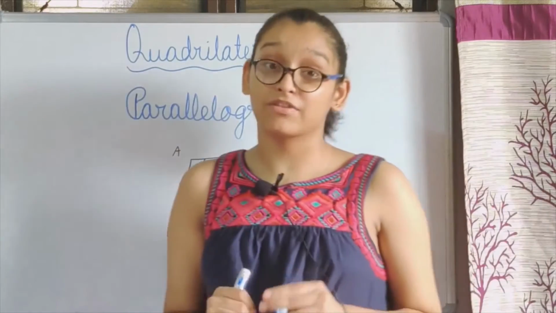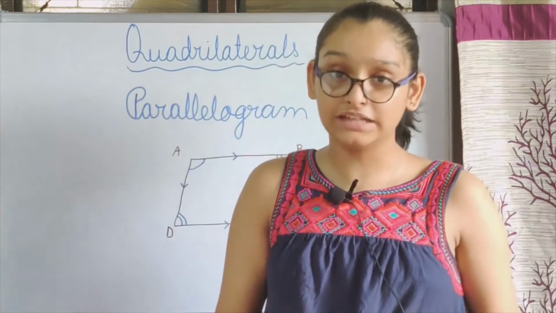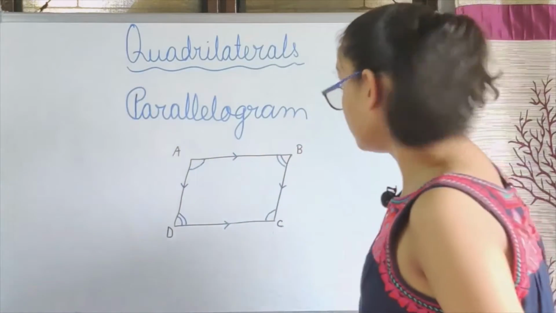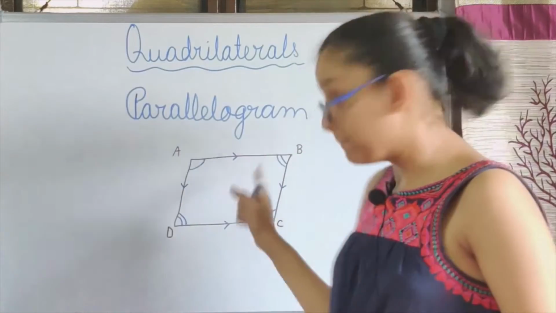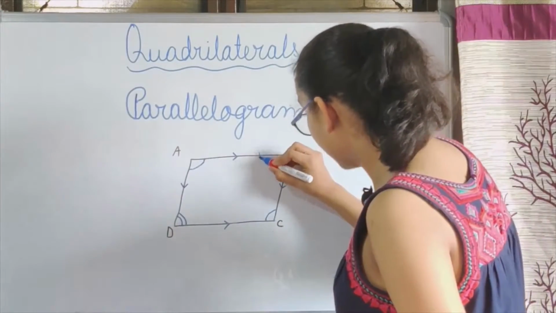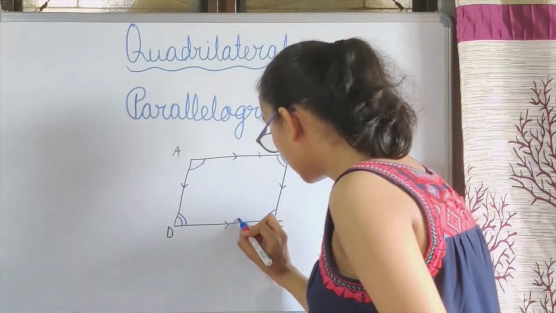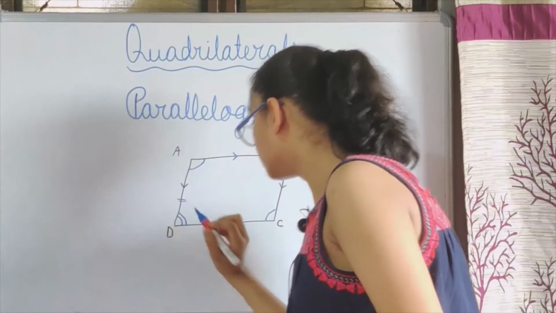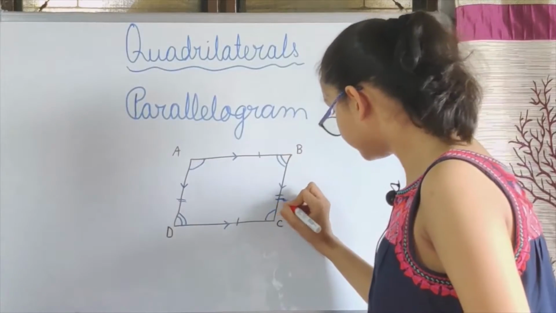The third property of parallelogram says that opposite sides of a parallelogram are equal. This means that side AB is equal to side DC and side AD is equal to side BC.